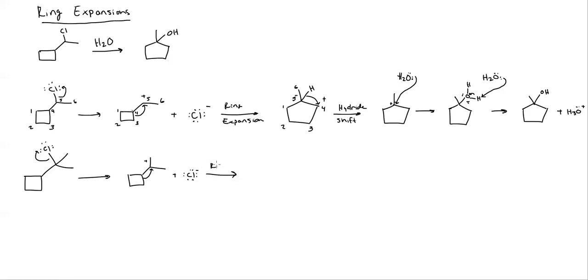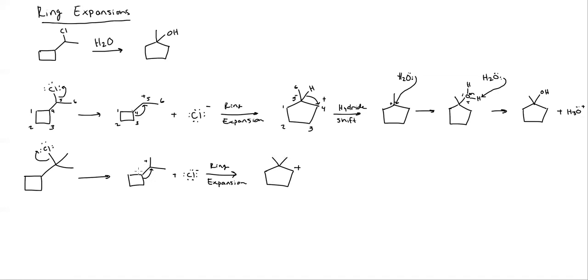So let's write that over the arrows. This is my other ring expansion. Okay. So then I get my ring expansion to my 5-membered ring, okay? And 1, 2, 3, 1, 2, 3. So 4 lost the bond, right? So positive charge here. But then remember, on this one, I have 2 methyl groups now, right?